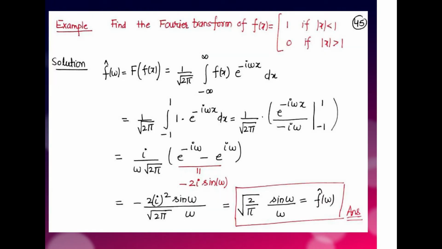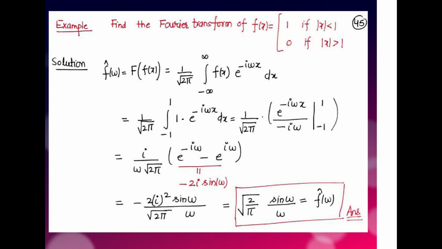Consider one more problem. Find the Fourier transform of the function f of x, which is 1 if mod x is less than 1, and it is 0 if mod x is greater than 1. Write down the formula of Fourier transform. Now put the value of the function.